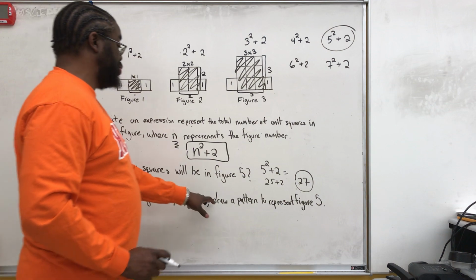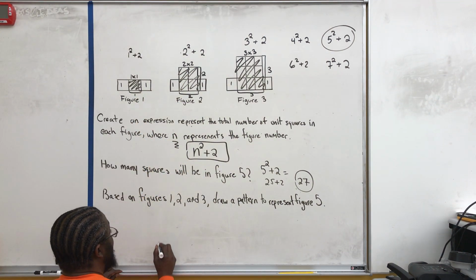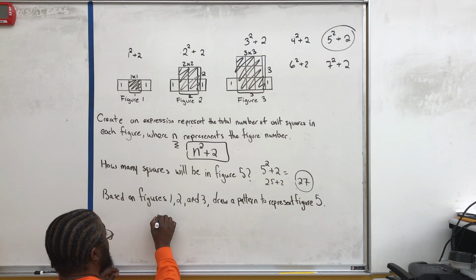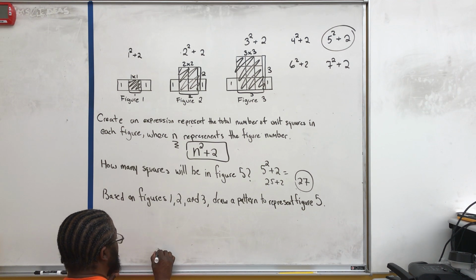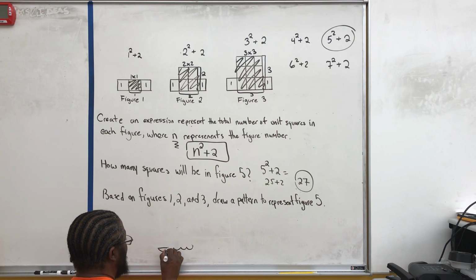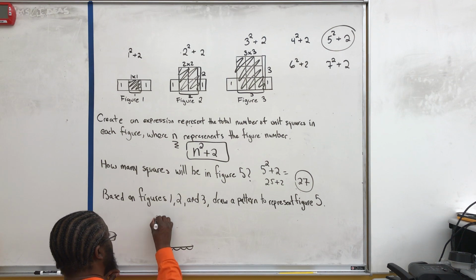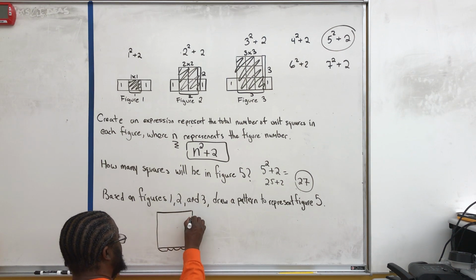Based on figures 1, 2, and 3, I can draw the pattern. Well, that's easy. I know I'm going to have something that looks like 5 squares. 1, 2, 3, 4, 5. So let me draw 5 squares and 5 squares. Right?